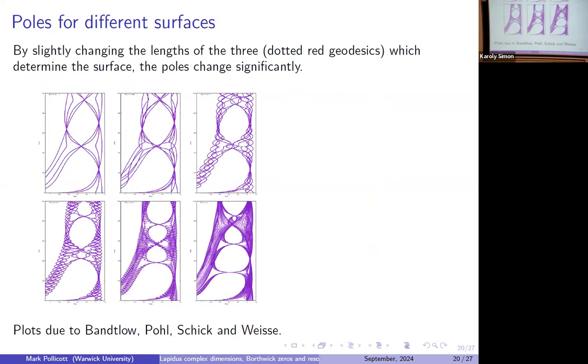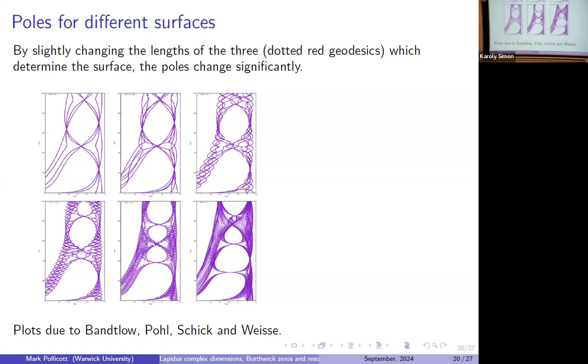So here are some different examples. These look more and more like curves, but in fact, they are just lots and lots of individual dots, this time colored purple for some reason.